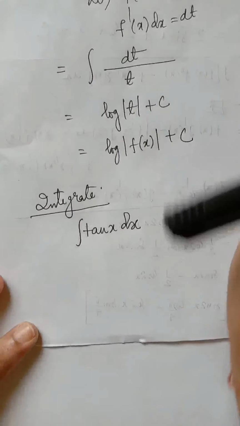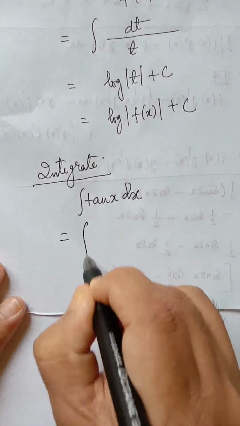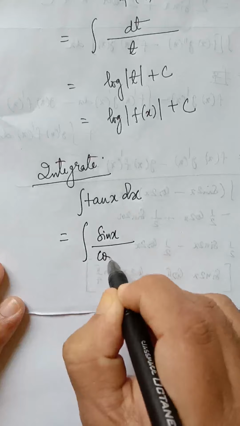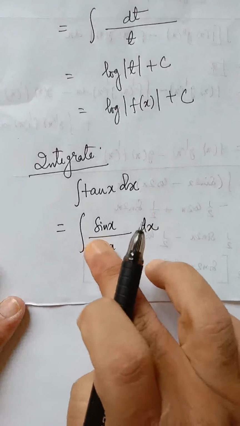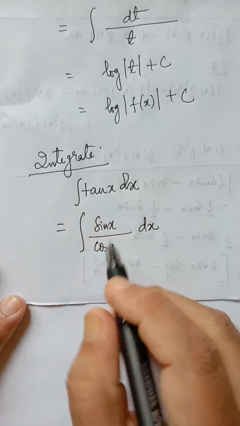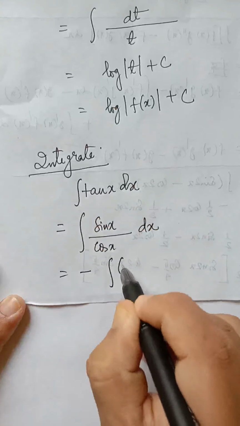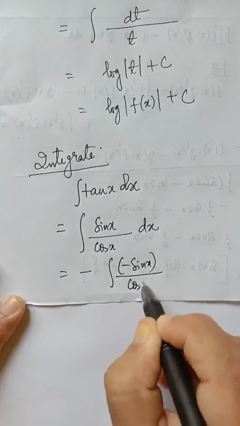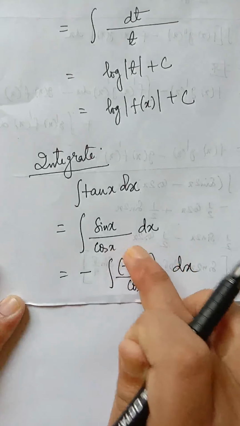Let us start with the integration of tan x dx. Tan x we can write as sin x divided by cos x dx. Now the derivative of cos x is minus sin x. So if we write this integral as minus of minus sin x by cos x, then this integral will be of the form f dash x by fx.